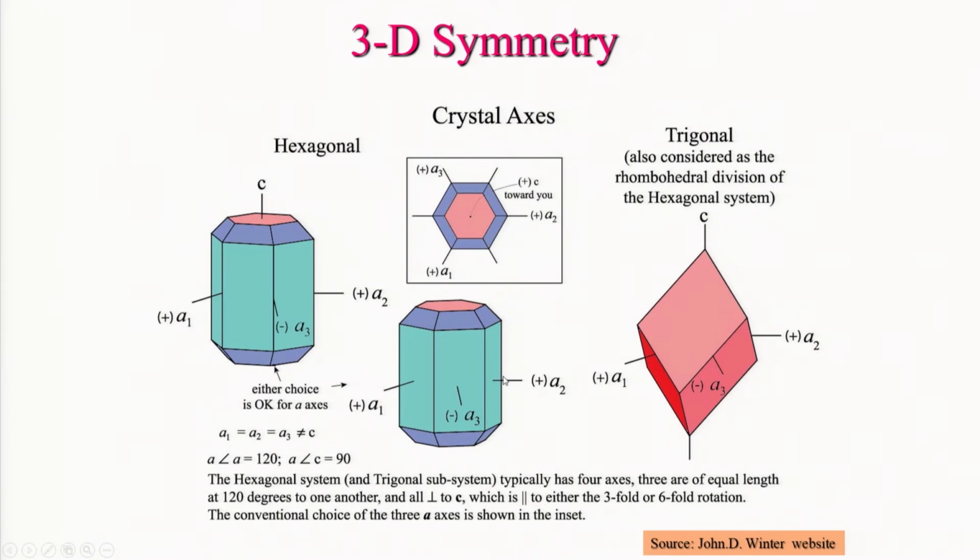All these crystal faces are related to each other by the operation of this vertical 6-fold axis of symmetry. And in the case of the trigonal crystal system, the rhombohedral subdivision, this C crystallographic axis will pass through this, and you have A1 in this direction, A2 in this direction, and the negative direction of A3 in this direction.